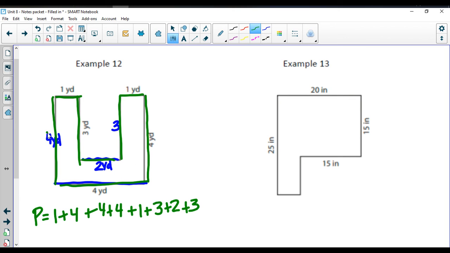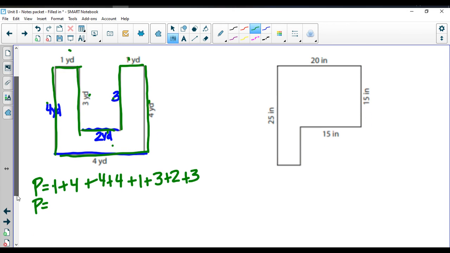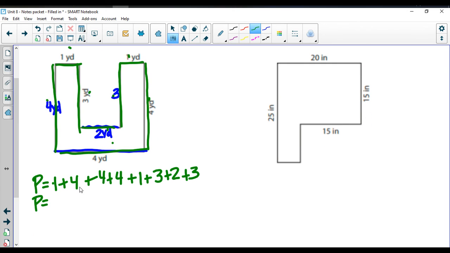If I double check, I have 1, 2, 3, 4, 5, 6, 7, 8 numbers. So it looks like I'm in good shape there. 1 plus 4 is 5. Actually, I'm going to do this a little easier. 4 times 3, that's 12, 13, 14, 15, 16, 17, 18, 19, 20, 21, 22. So I have 22 yards for that one.